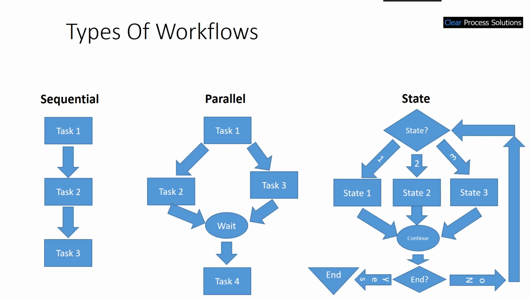We can have a revised state, so a state that says, something happened somewhere at some point in time, we need the originator to make modifications to this, so send it back to the revised state. So you think of this more as state-based around your process versus task-based in a flow.